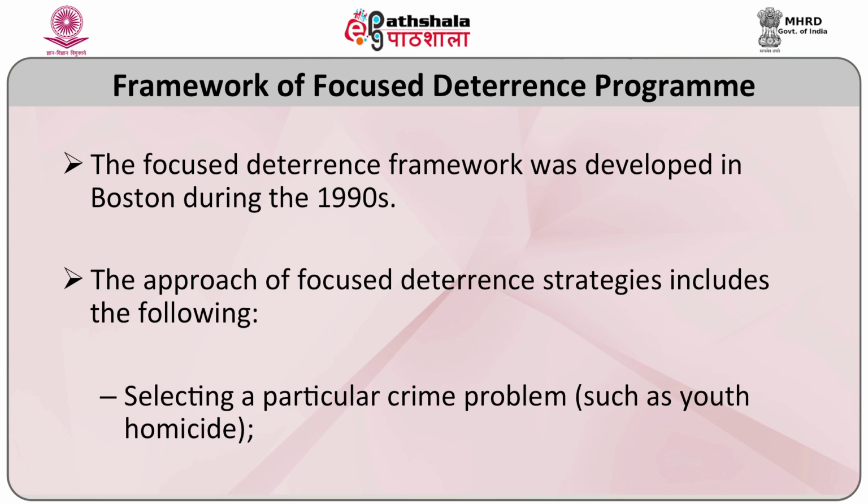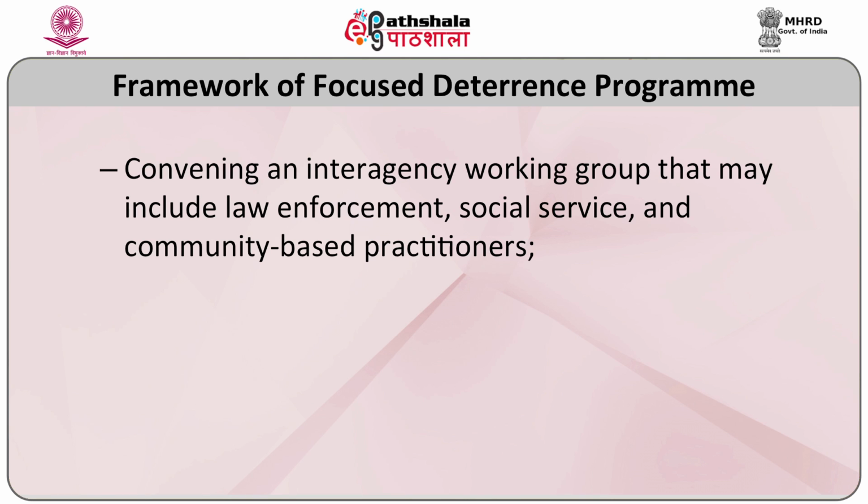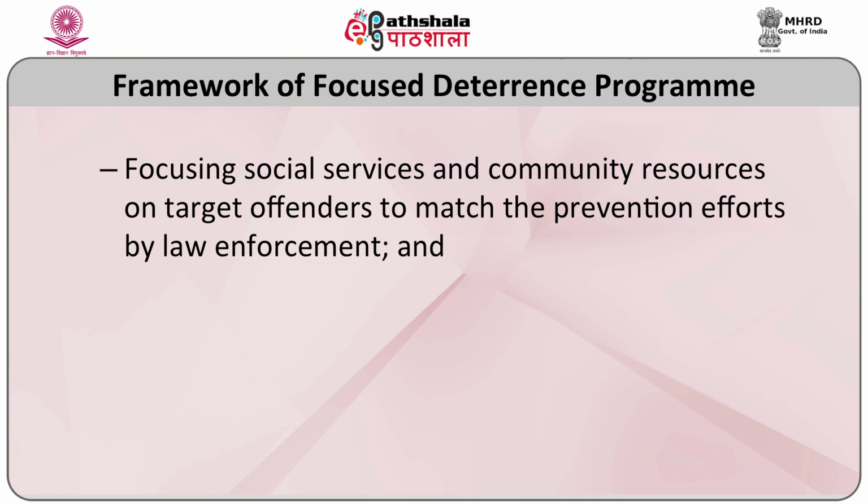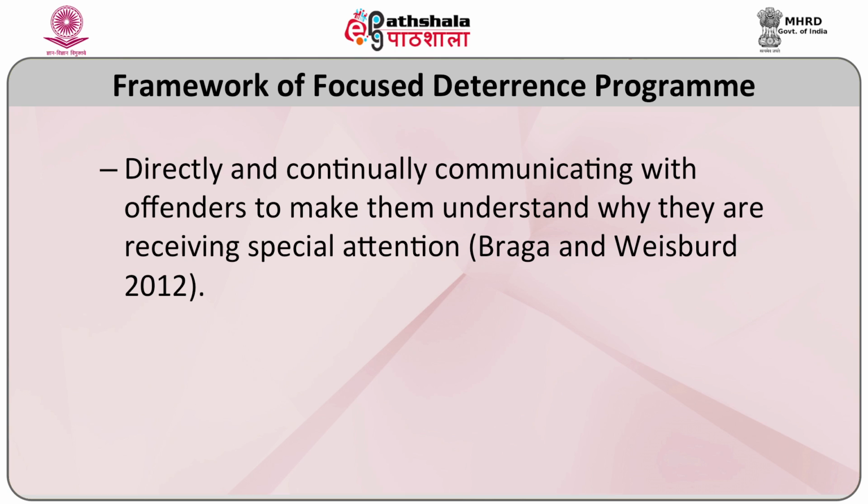selecting a particular crime problem such as youth homicide, convening an interagency working group that may include law enforcement, social service and community-based practitioners, developing a response to offenders or groups of offenders that uses a variety of sanctions or pulling levers to stop continued violent behavior, then focusing social services and community resources on target offenders to match the prevention efforts by law enforcement and directly and continually communicating with offenders to make them understand why they are receiving special attention.